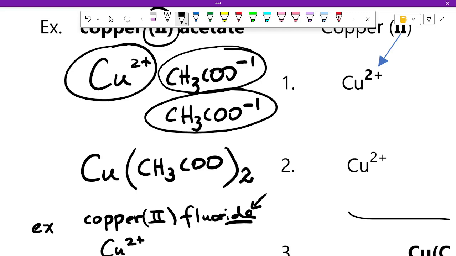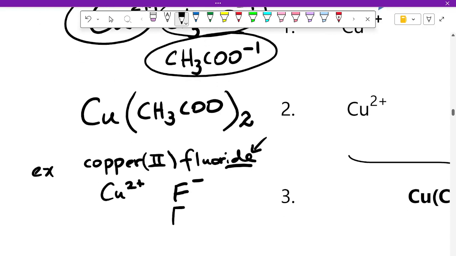That tells me it's fluorine. And it has a -1 charge. I can look that up. So I would need to have 2 fluorides. And I would write CuF2, but no brackets because it's not a polyatomic ion. It's not on the green sheet. Anytime it's on the green sheet, you use brackets, but only if there's more than one.